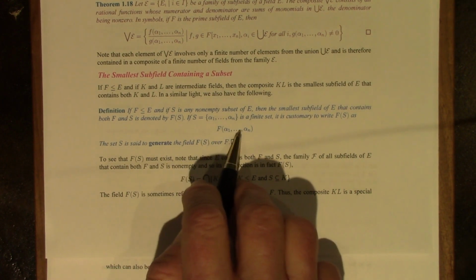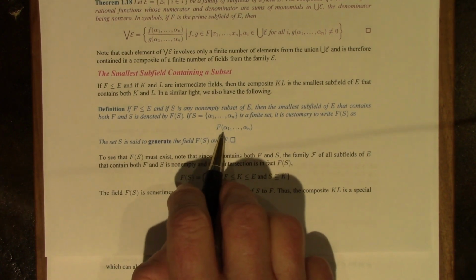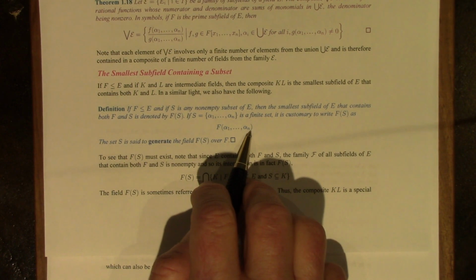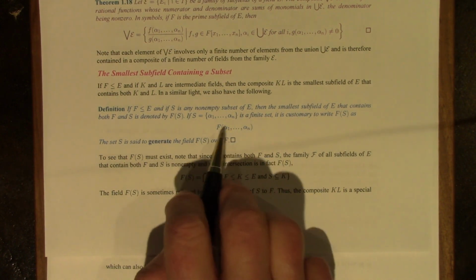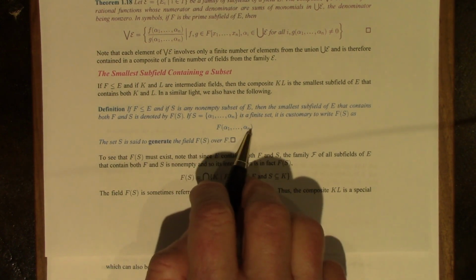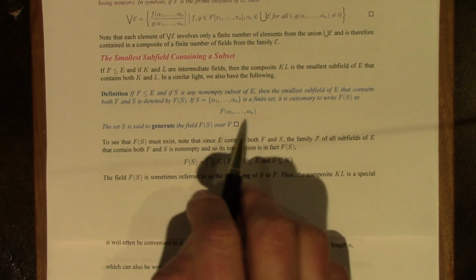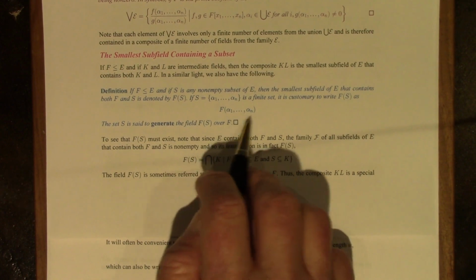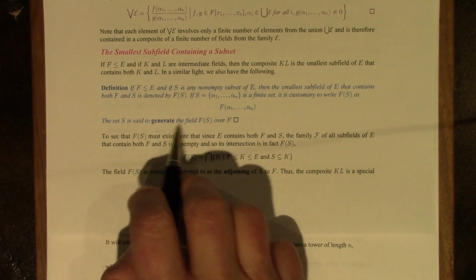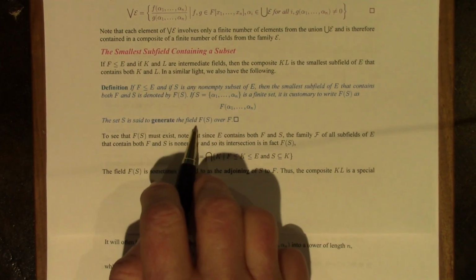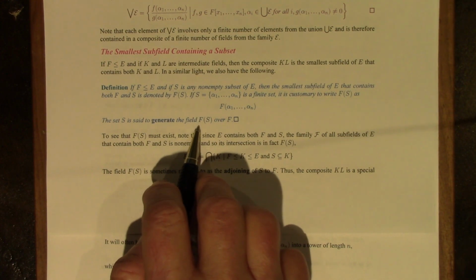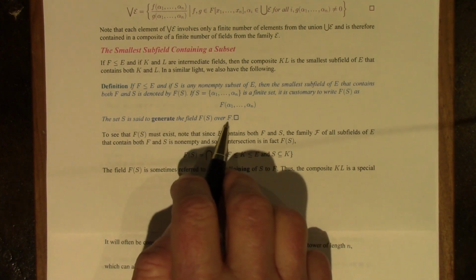Don't confuse this, at this moment, with the set of polynomials in the alphas over F. This has a different meaning, different terminology, which we'll get to in a minute. And this set S is said to generate this field, F(S) over F.